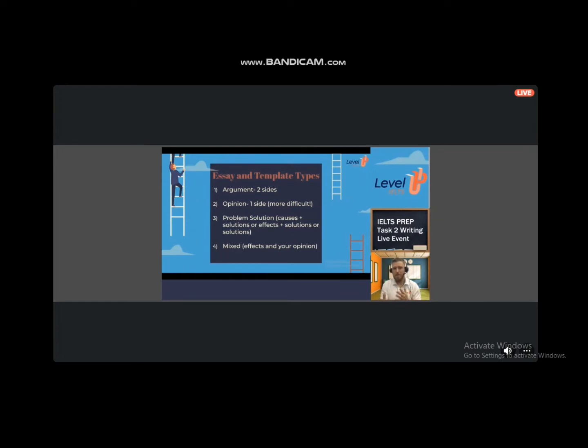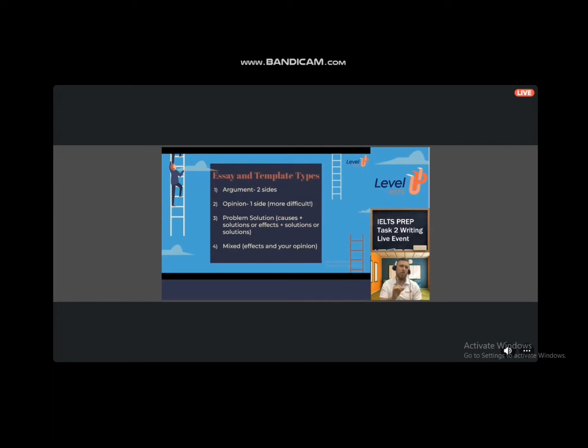It's a mixed, and usually it's asking for the effects of a problem and your opinion on it, okay? And out of all these essays, the most common is number 1 and number 2. Very rarely will you see number 3 and number 4. So 1 and 2 is mostly what you're going to do. 3 and 4 is a lot more rare. And we're going to go over number 3 today.